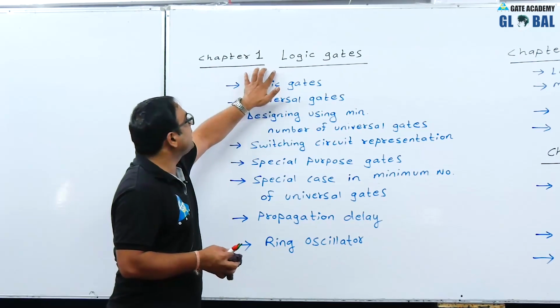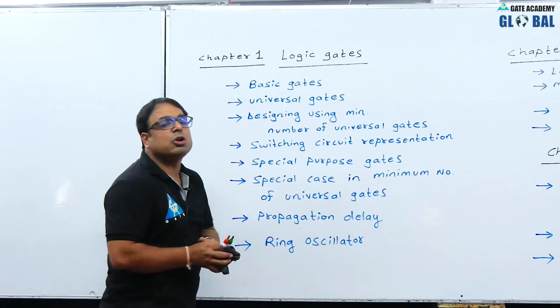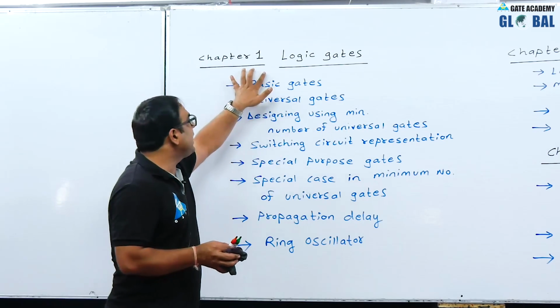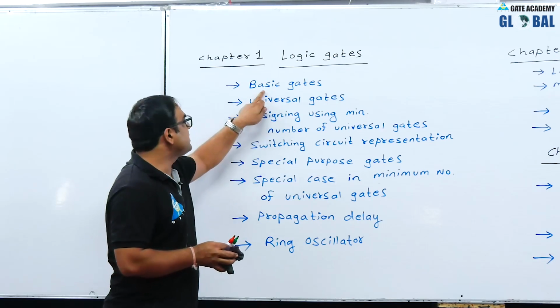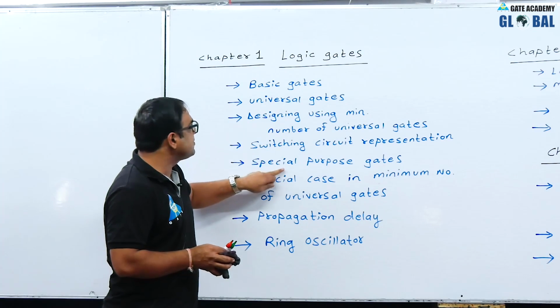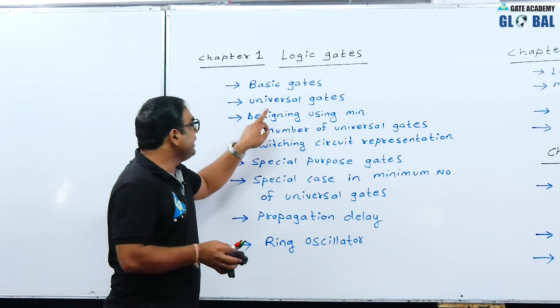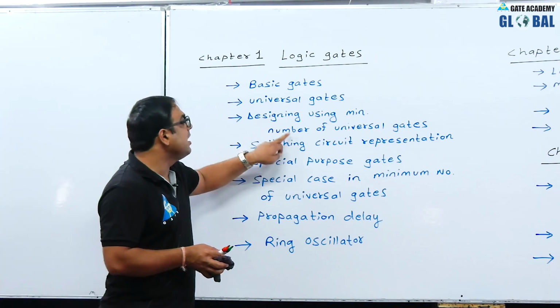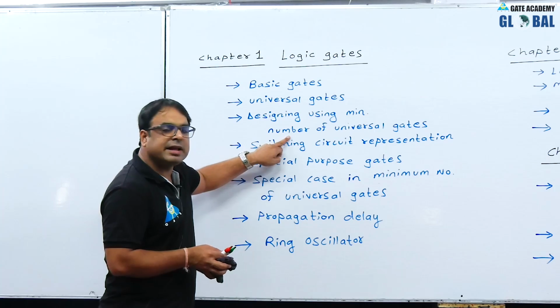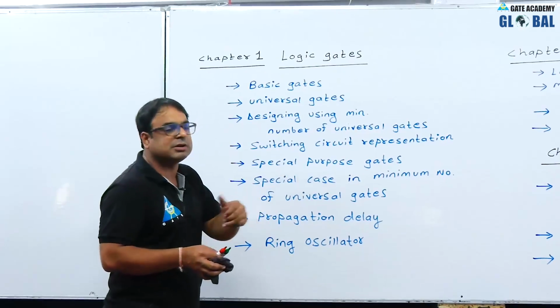The first chapter that I will be starting will be logic gates. In logic gates, first we will discuss that there are three types of logic gates: basic gates, universal gates and special purpose gates. In universal gates, we will be discussing how to design a given function using the minimum number of universal gates, that will be NAND gate or NOR gate.